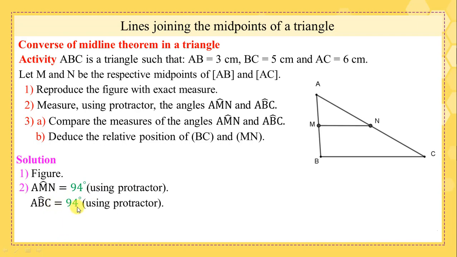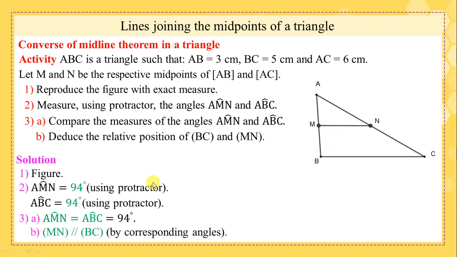Also ABC equal 94 degrees using a protractor. Part 3a, compare the measures of these two angles. They are equal. Part B, we have to deduce the relative position of BC and MN. Since angle M here is equal to angle B here, and they are two corresponding angles, then MN is parallel to BC by corresponding angles.